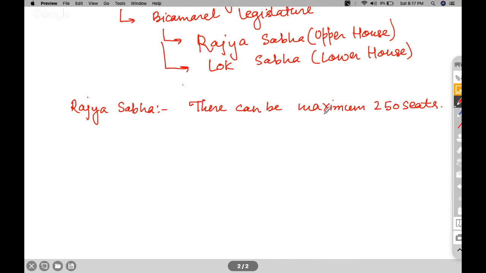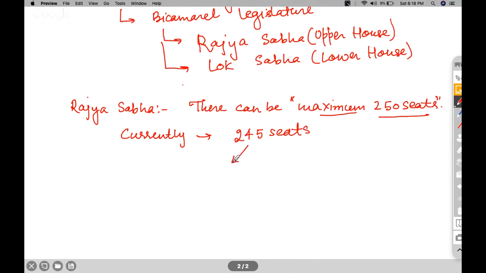But these 250 seats are not present now. This has been written as a maximum of 250 seats, but this is the maximum number of seats possible. Are 250 seats available to be filled now? No. So how many seats are there currently? 245 seats are there.